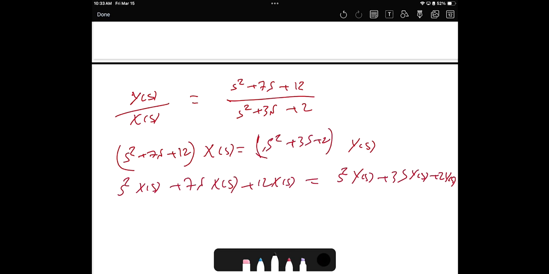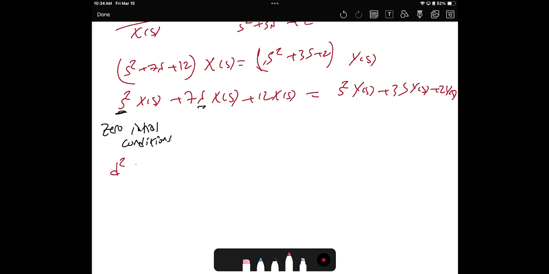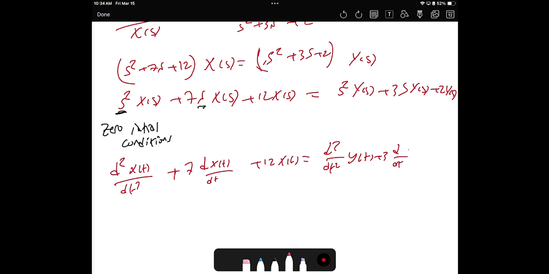Again, we will assume 0 initial conditions. This yields s squared as second order derivative, s as first order, and that's it. So it will be d squared x of t by dt squared plus 7 dx of t by dt plus 12 x of t equals d squared by dt squared y of t plus 3 d by dt of y of t plus 2y of t.